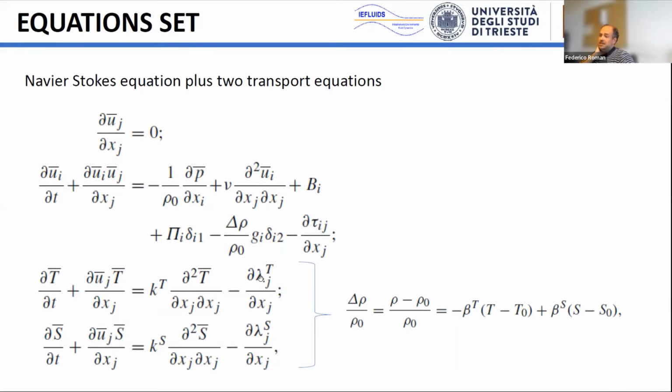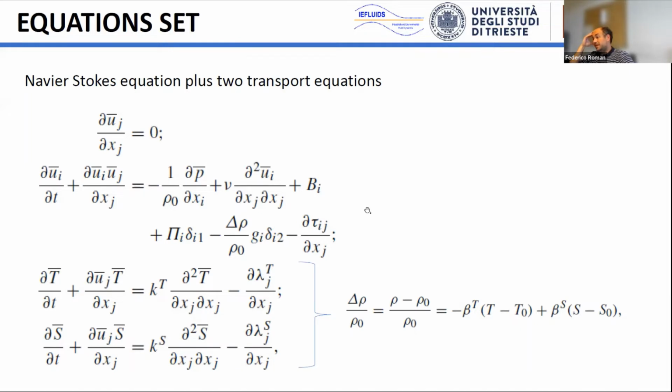Also in this case, lambda represents the scalar flux related to the unresolved eddies of the grid. Then these two transport equations are linked in a two-way coupling with the momentum equation through the buoyancy term. So we have an equation of state for the density field that interacts with the flow field and vice versa.